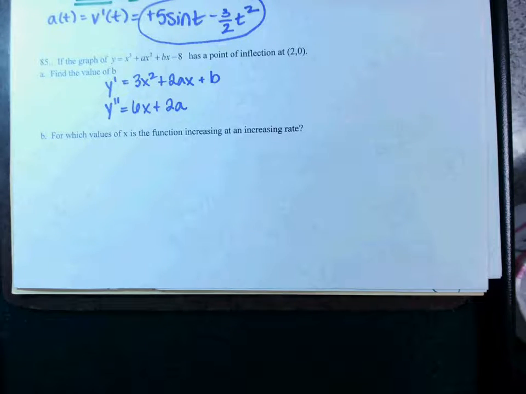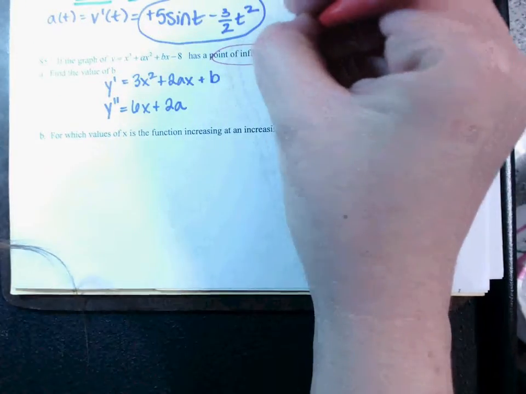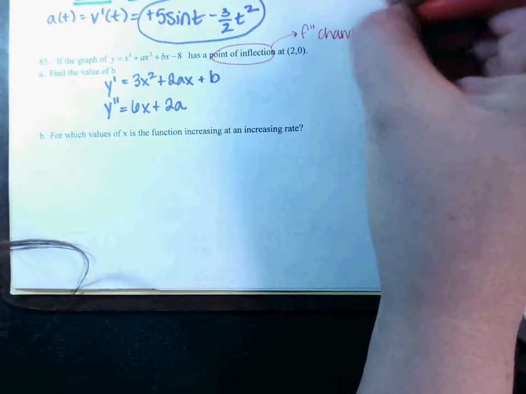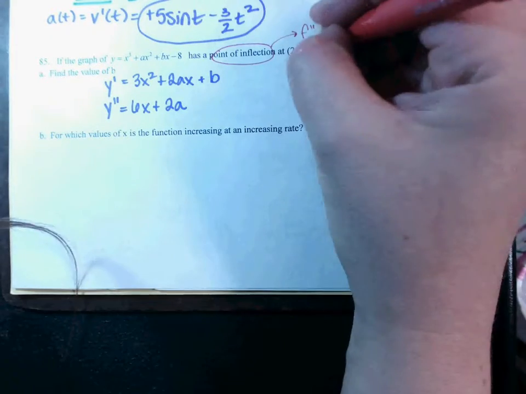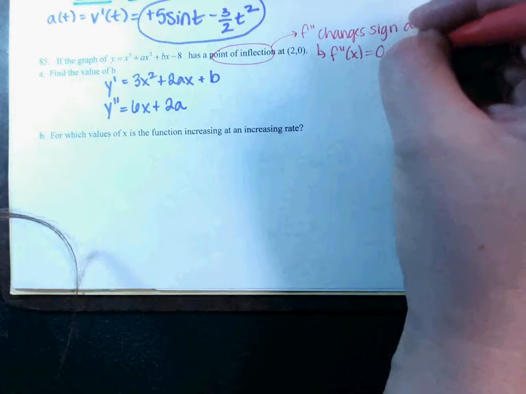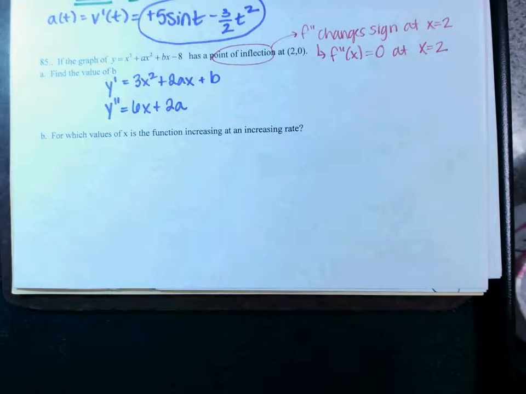Okay, so we know two things in case you didn't understand that. We know that the second derivative, f double prime, changes sign at x equals 2, which means that f double prime must equal 0 at x equals 2. Okay, so if it's going to change sign, it has to equal 0.